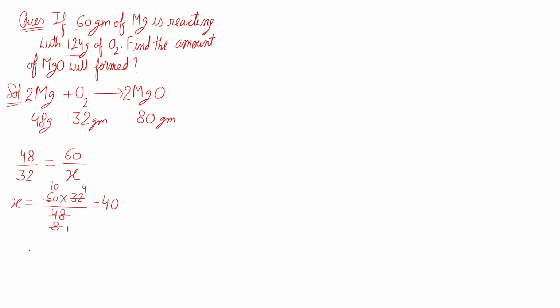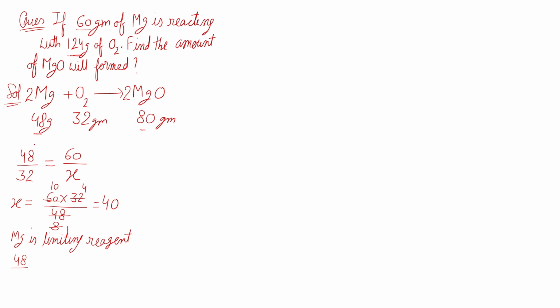So we can say magnesium is limiting reagent first of all. And we know which one is the limiting reagent, it is very important for us because the maximum amount of product will form, it will depend upon the mass of limiting reagent we have.